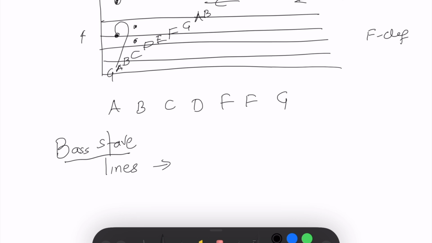For the lines, you would have G, B, D, F, A. If you were saying it as I was writing it and you were correct by what I've written, then congratulations to you, because you've gotten a hang of it already. And let's write out the spaces. You have A, C, E, G.